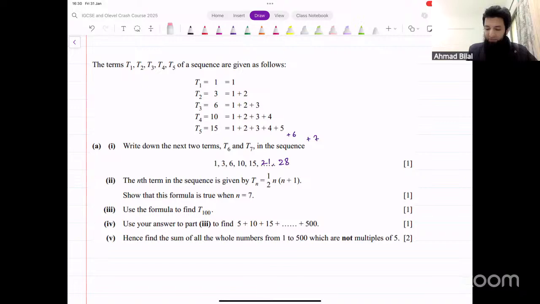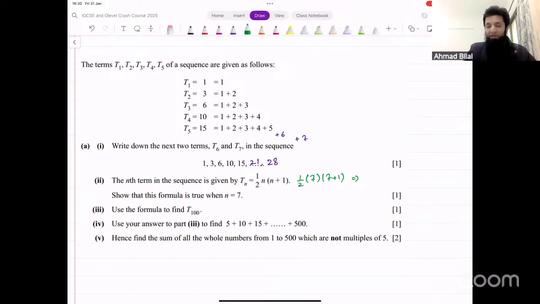Let's try that. So we have 1 over 2 times n, in place of n, we can put 7, and then 7 plus 1. You can evaluate this and see what that is. 7 times 8 is 56. 56 divided by 2 is 28. And that's the result that we wanted here. That proves that this formula is working because the 7th term was indeed supposed to be 28.